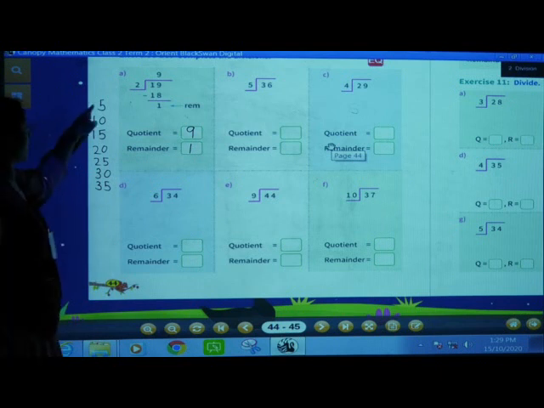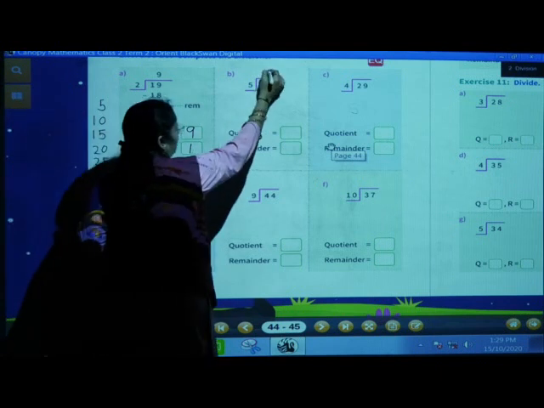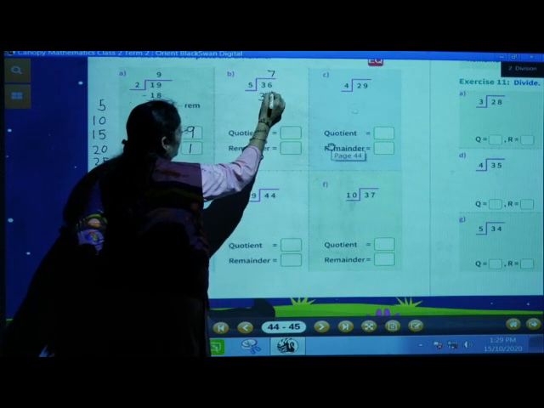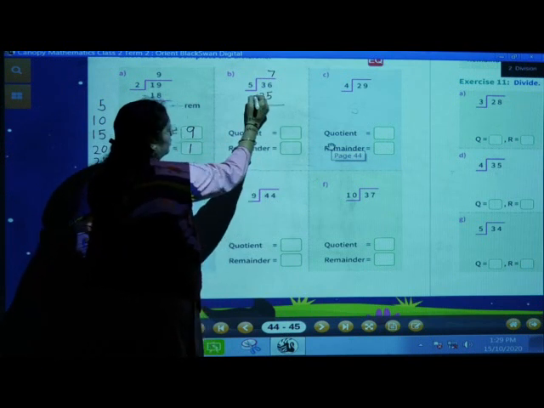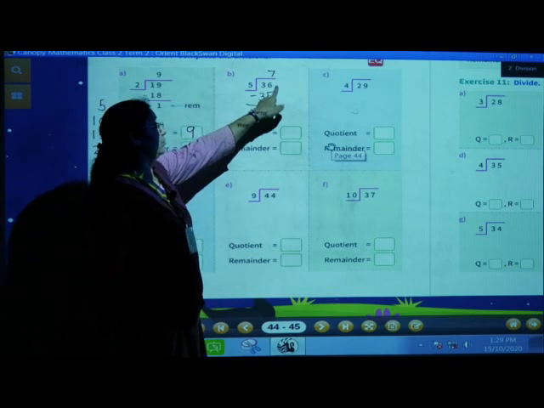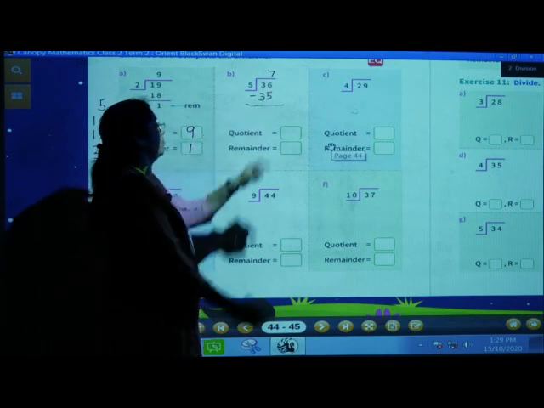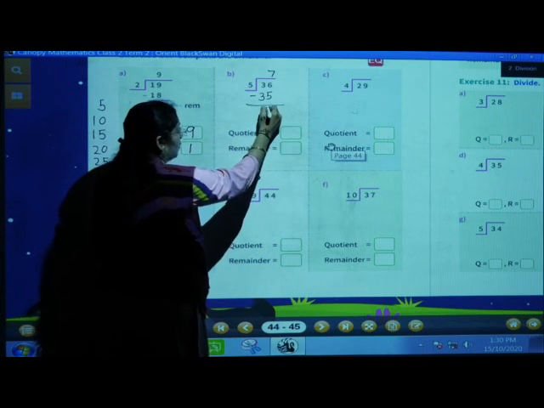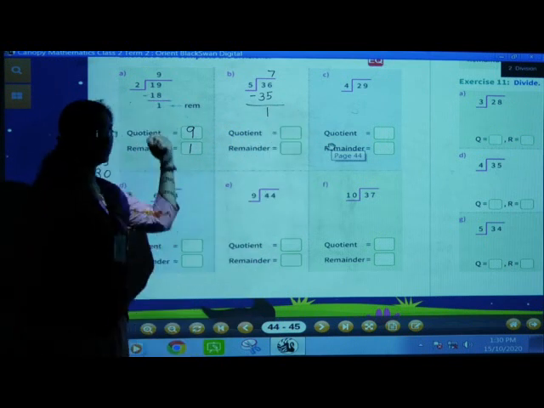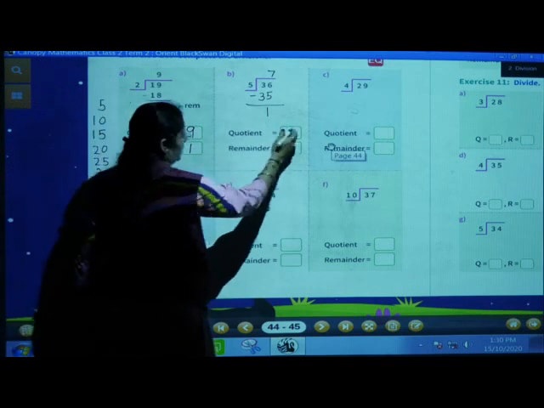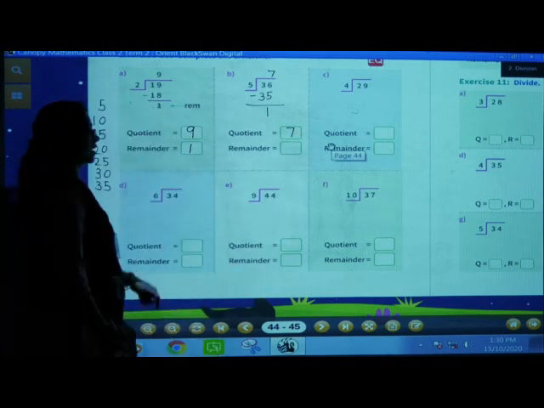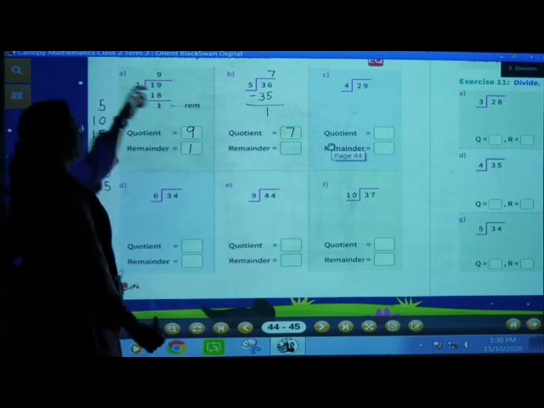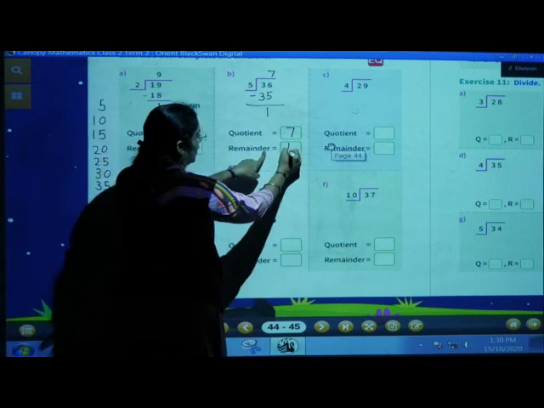Okay, 5 sevens are 35. Then write here 35 and subtract this 35 from this dividend, means 36 minus 35. What is the remainder? 1. So the quotient is 7. 7 is the quotient and the remainder is 1.